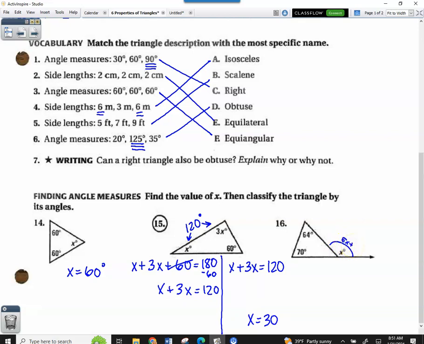So the bougie angle is you find the 2 angles on the inside of the triangle that are not next to it, and you add them up. So x would be 64 plus 70. What do you get? You want to label it, this is the bougie angle.